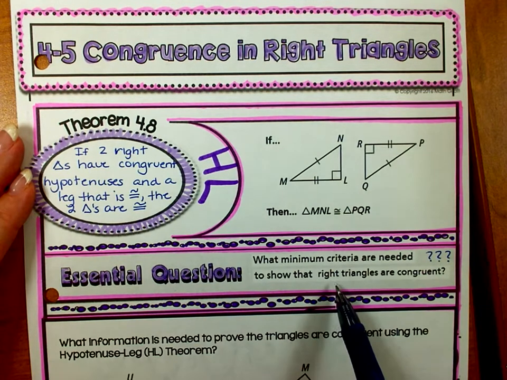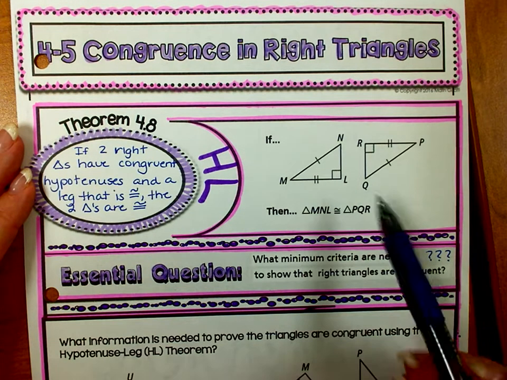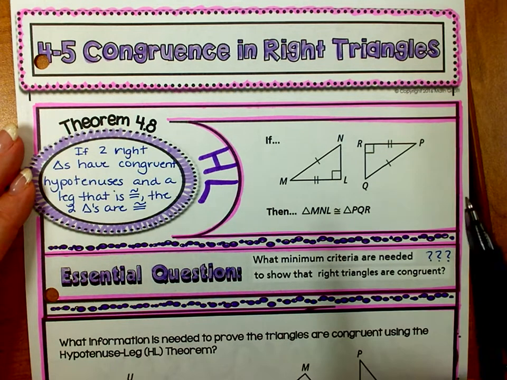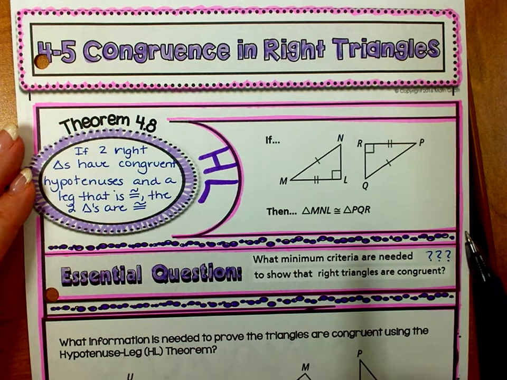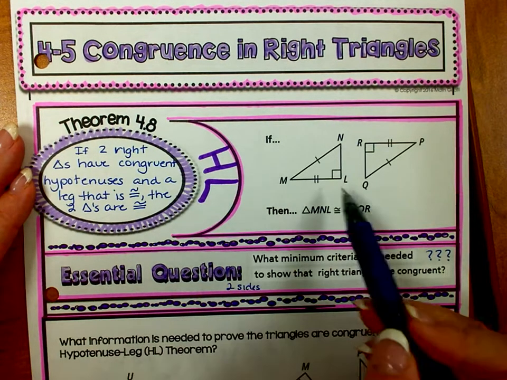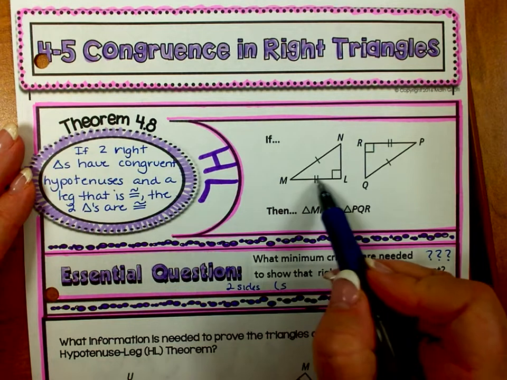So, if you're looking at two right triangles, what is the minimum criteria that you need to show to say that they're congruent? If they already have two right angles, then you know that they have two angles. So, you need two sides. If the two sides are the two legs, then you can show side angle side.